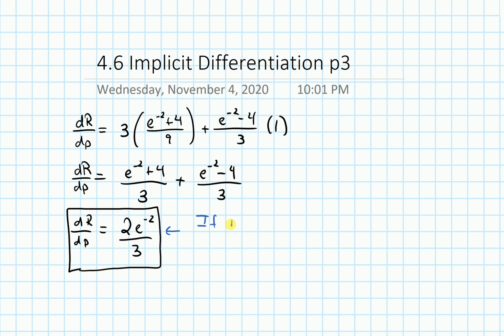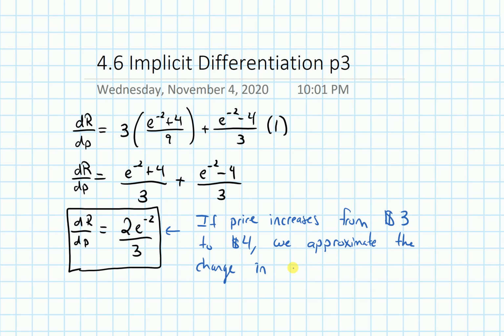So if price, because that's what we were taking the derivative with respect to, increases by 1 unit, so if it increases from $3 to $4, we approximate the change in our function, in revenue, will be this value that we see here, 2e^-2/3.